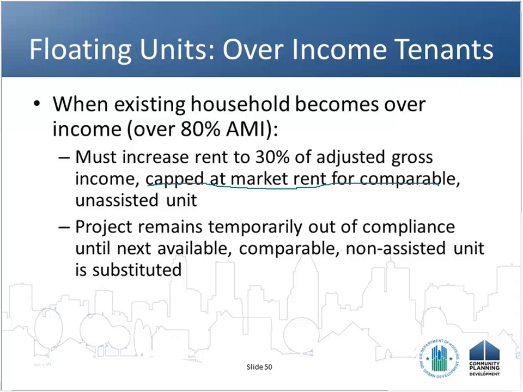Let's say the comparable market rent is $1,000, and we're only going to raise that rent to that comparable market rent as opposed to taking it higher to what the adjusted gross income would have led us to for that property. So we're going to continue to be in temporary non-compliance until we find a way to correct this shortfall. And we'll go through some examples of how we might do that.